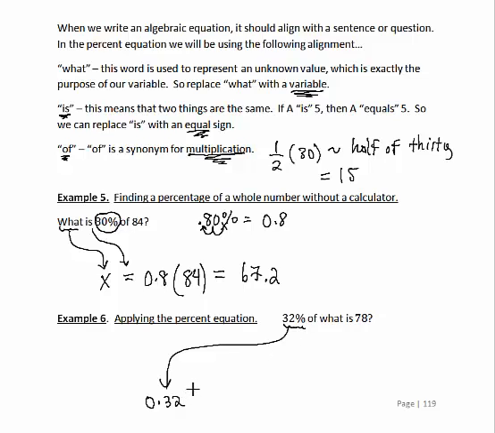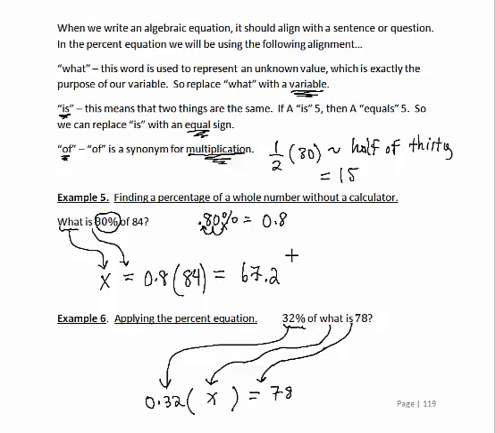Of means that we're going to take 0.32 and multiply it. What means that we use a variable in the place of some unknown number. Is translates to an equal sign, and I mixed my arrows, I don't want you to get confused. And then we have 78.